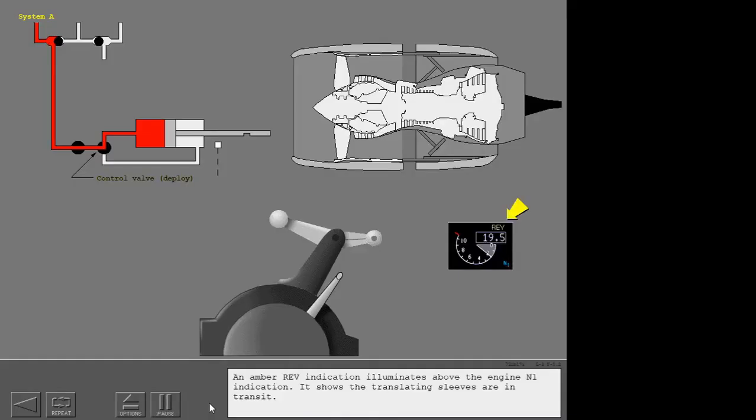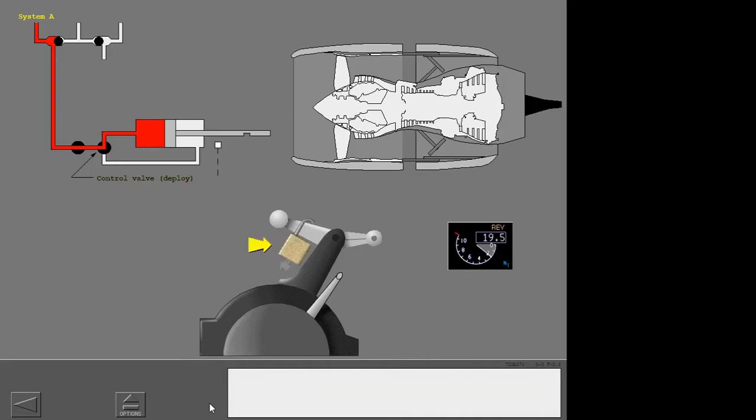An amber reverser indication illuminates above the engine N1 indication. It shows the translating sleeves are in transit. An interlock mechanism restricts further movement of the reverse thrust levers until the sleeves are near the deployed position.